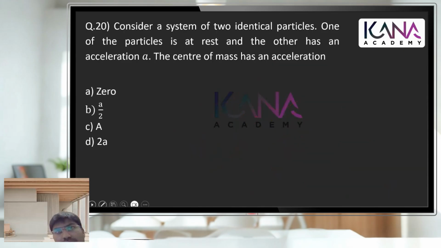Yeah. So the next question is the 20th. There are two identical particles, one has acceleration A and the other is at rest, so that means zero acceleration. Find the acceleration of the center of mass. So A of center of mass is A1 plus A2 by 2. So it is A plus 0 by 2. So it will be A by 2. Okay, next question.